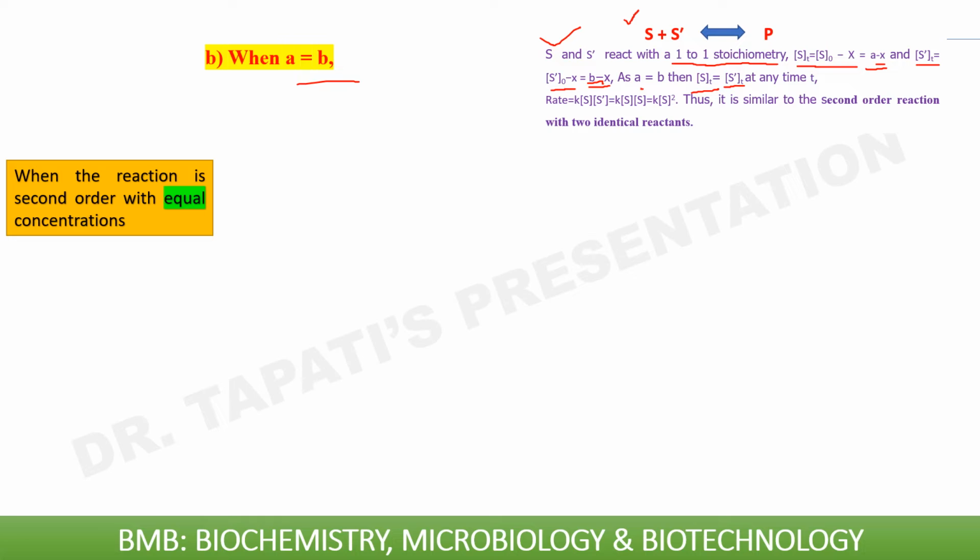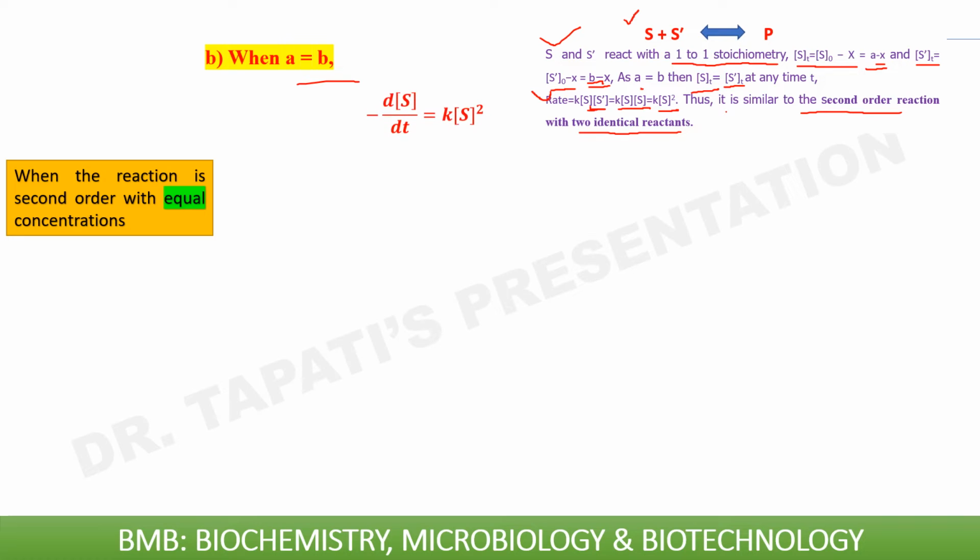In that case, rate of the reaction is K into S prime into S, and S and S prime concentrations are equal. So K into S square, and this is similar to the second order reaction with two identical reactants.